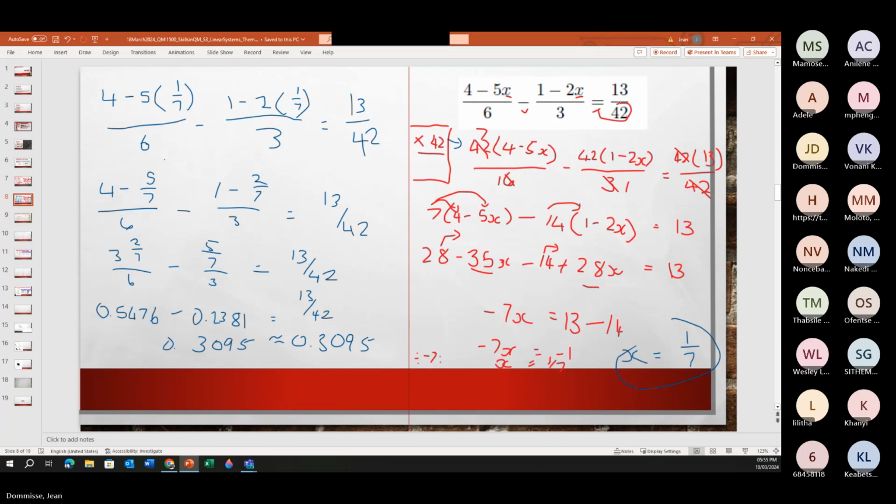So I got the lowest common multiple, which is 42. What I did was to say, I'm going to multiply everything by 42 because I'm allowed to do that.